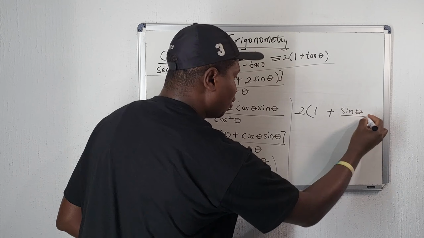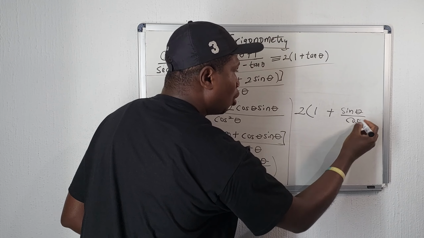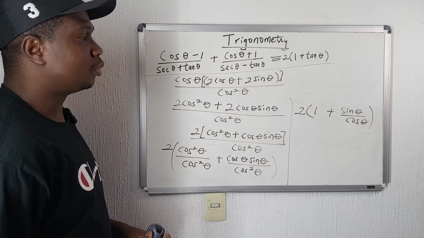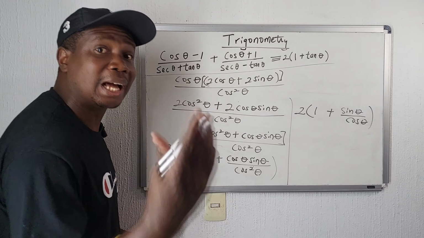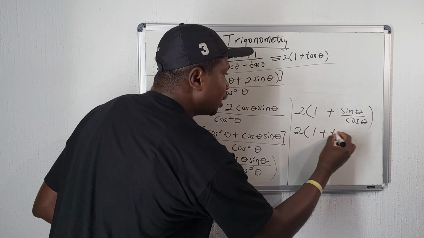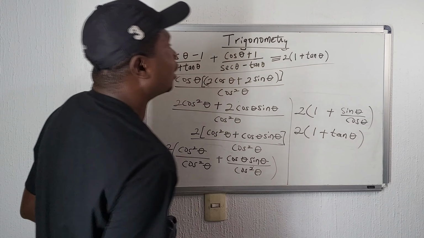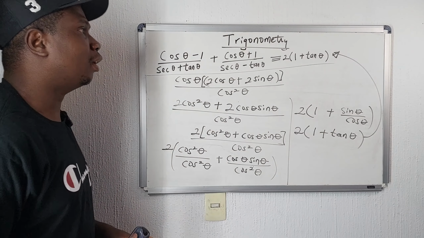Sine theta over 1 cancels 1 here. So I'm left with cos theta. Now, what is sine theta over cos theta? Tan theta from our basic trigonometry. So that will be 2 into 1 plus tan theta. And that gives us the final answer.